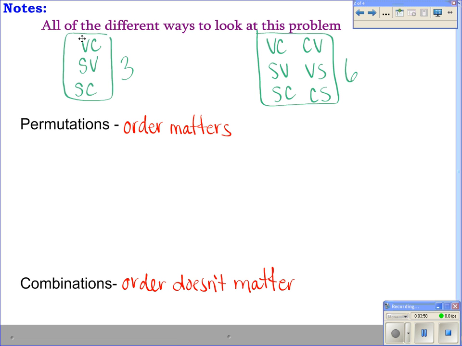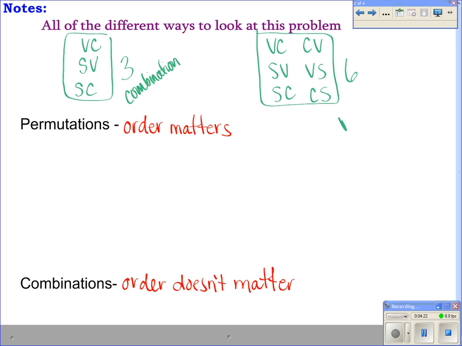So looking at our ice cream problem, the one on the left is saying that there's only 3 ways to make this ice cream cone, because to me it doesn't matter if the chocolate is on top or on the bottom. So this is a combination.